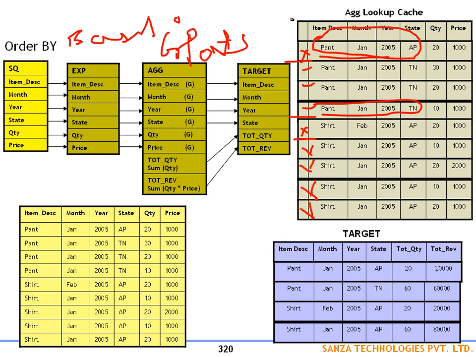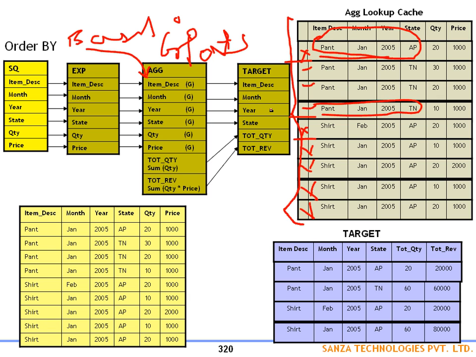Then there is no record, so it sends the record out. So this is how you can reduce the time of your scanning of the cache based on your group by ports. But you have to ensure that the data coming into this aggregator transformation is order by already.